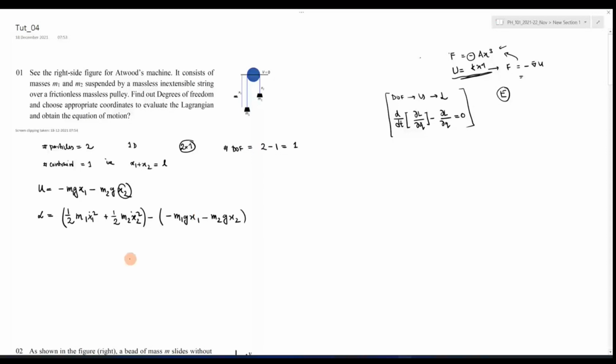This is the general way you will start. Now you have to write this Lagrangian in terms of your generalized coordinate. We have chosen x1 as our generalized coordinate. You can also choose x2. It's up to you. Is it clear up to this part?